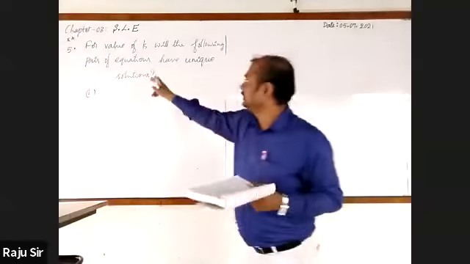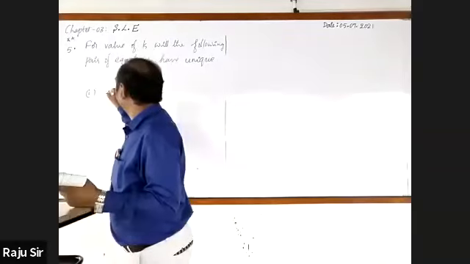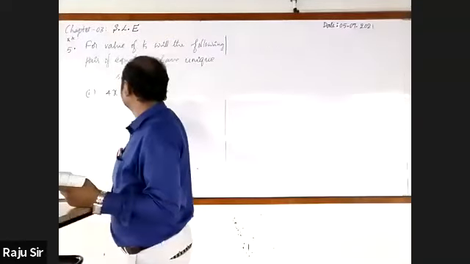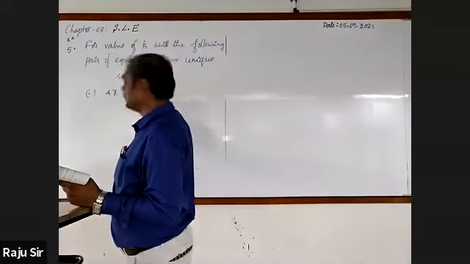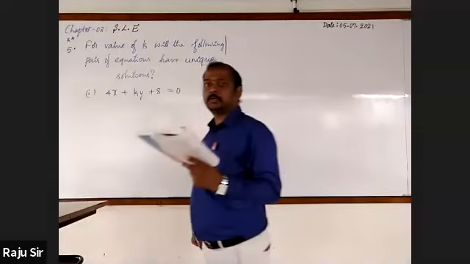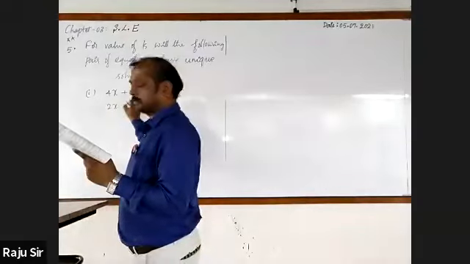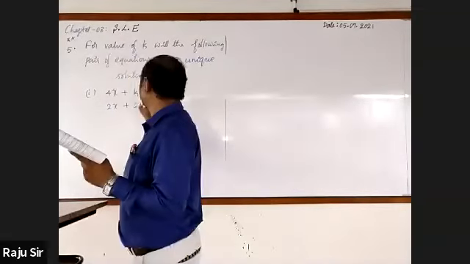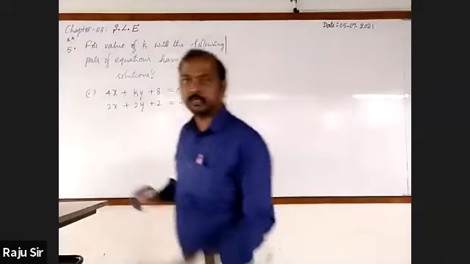Now, in that first sub question, this is 4x plus ky plus 8 equal to 0. Next, 2x plus 2y plus 2 equal to 0.